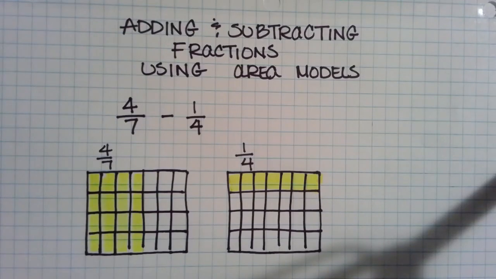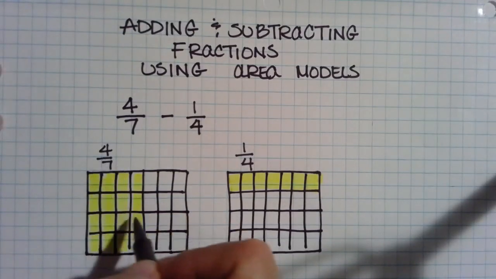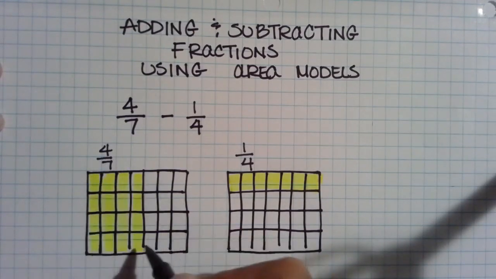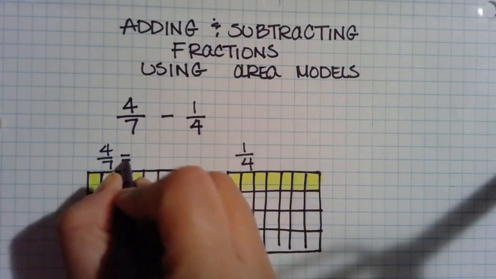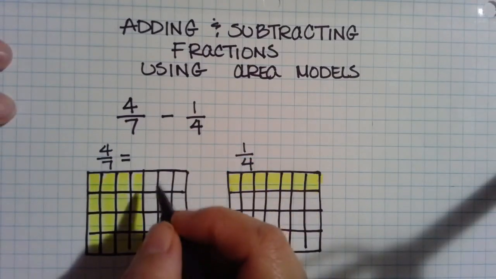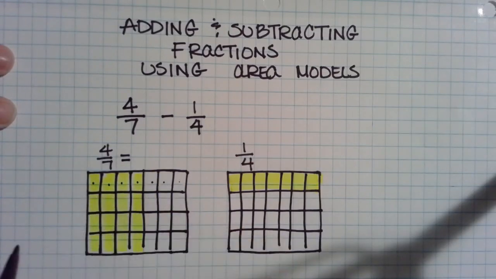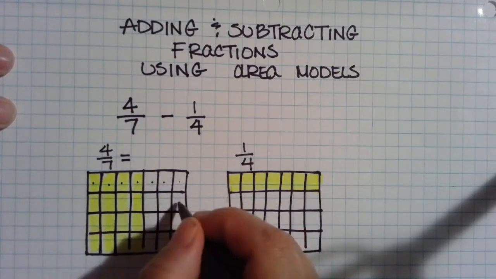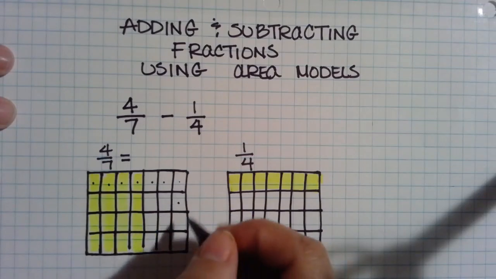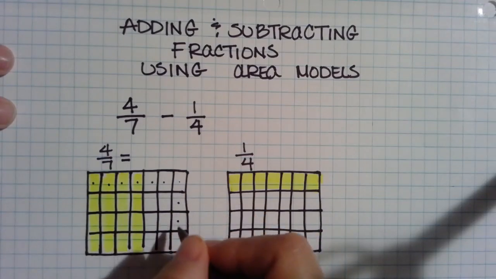Okay, now as you can tell, I no longer have just 7ths here. Earlier I had a total of 7, but now I don't. Now I have 1, 2, 3, 4, 5, 6, 7 here. So another 7 would be 14. Another 7 would be 21.